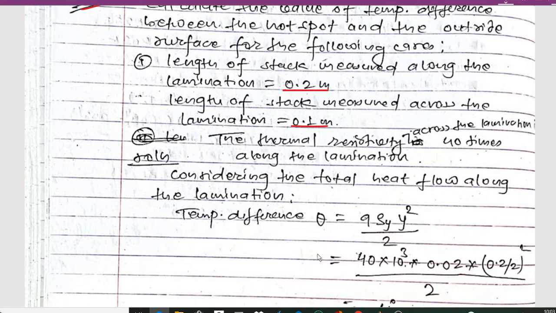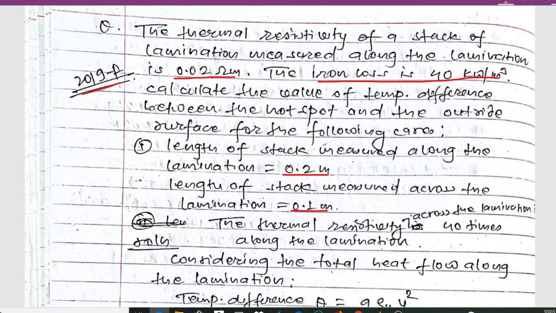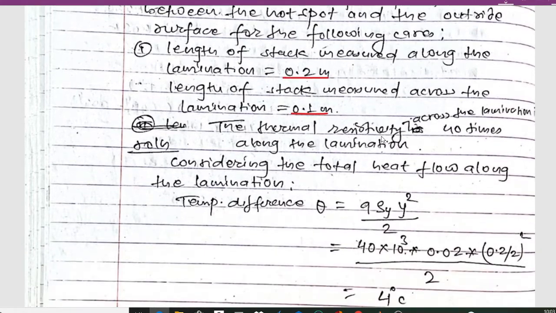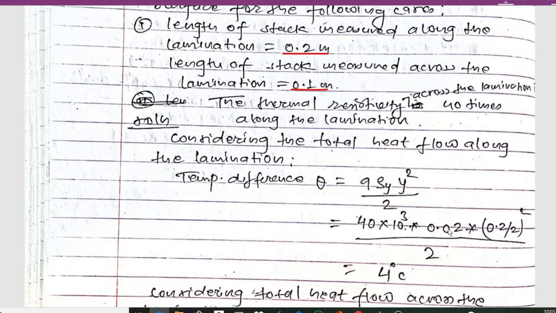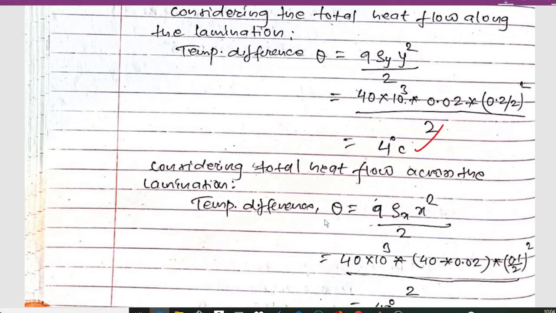In place of q we have the iron loss given as 40 kilowatt per meter cube, so 40 into 10 power 3 in watt, into the value of rho I which is 0.02, into, in place of y, we'll use 0.2 upon 2 whole square upon 2, and it will be 4 degrees Celsius.